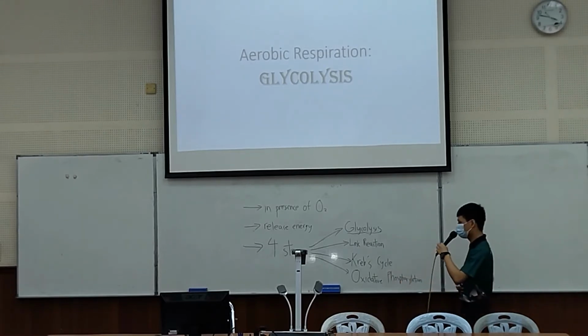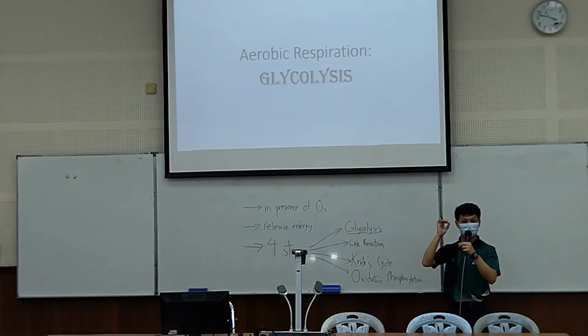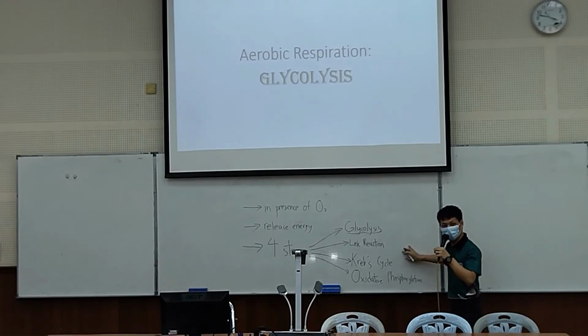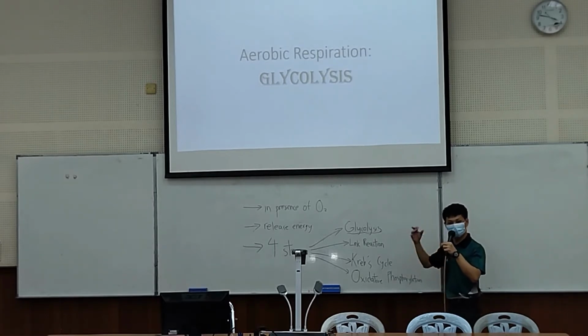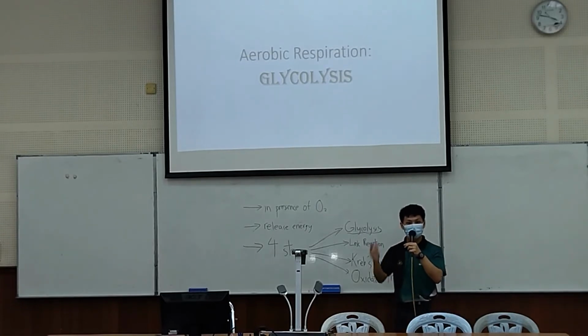The second reason is that glycolysis does not require any oxygen, while the other 3 stages all require oxygen in order to occur. So it can occur even if there is no oxygen, and it can occur in both aerobic respiration and anaerobic respiration.